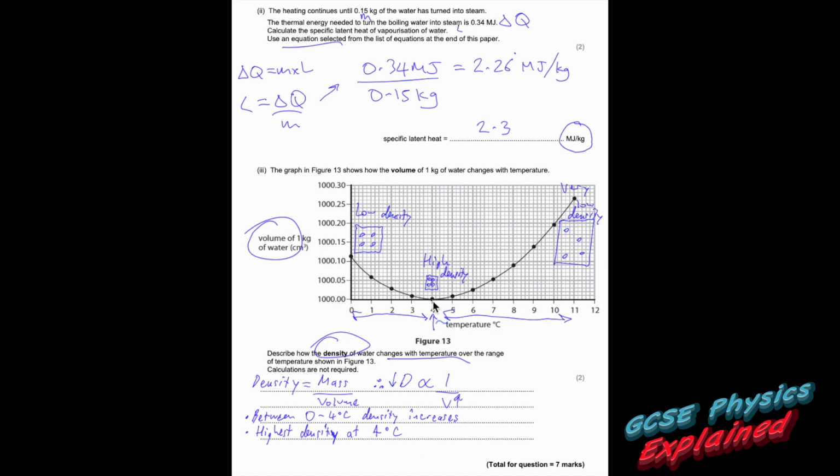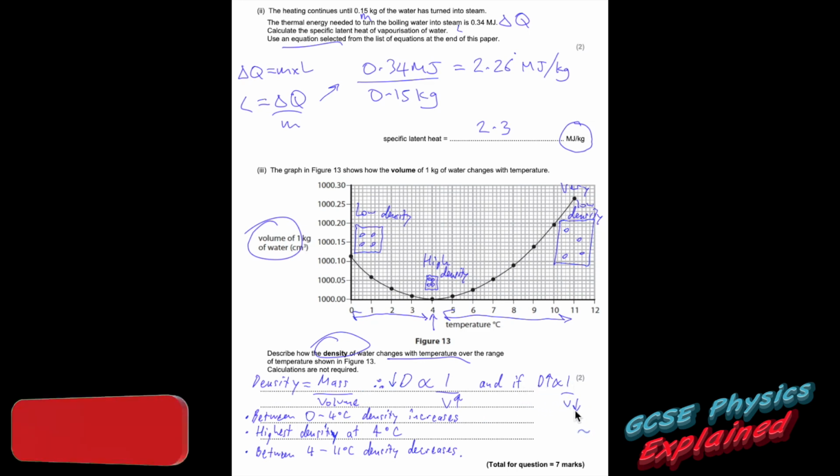And then from 4 degrees C up to 11 degrees C, the density decreases. And there we go. Calculations weren't required, but it still was good to look at it mathematically. That just means that the density increases if the volume gets smaller.